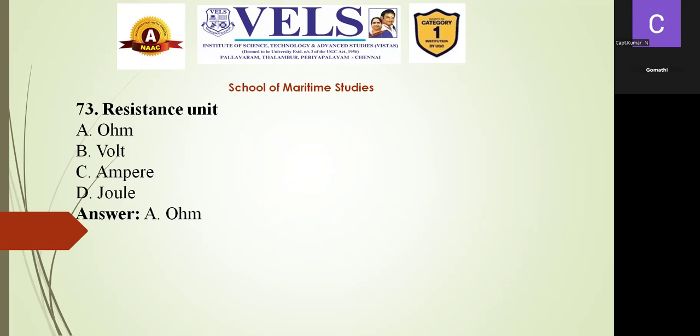Next, the unit of resistance. Ohm's law states that V is directly proportional to IR, so from this equation we can derive the resistance R is equal to V by I. So the unit of resistance is ohm.